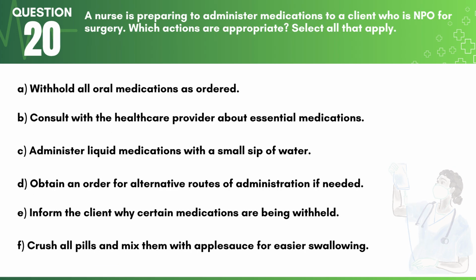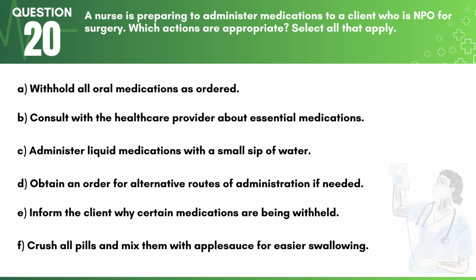Question 20. A nurse is preparing to administer medications to a client who is NPO for surgery. Which actions are appropriate? Select all that apply. A. Withhold all oral medications as ordered. B. Consult with the healthcare provider about essential medications.